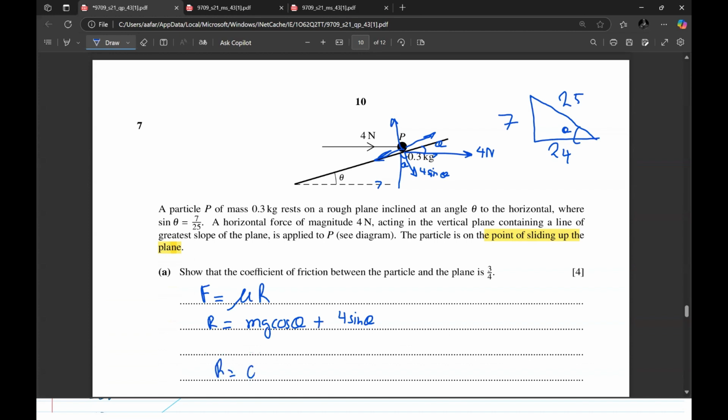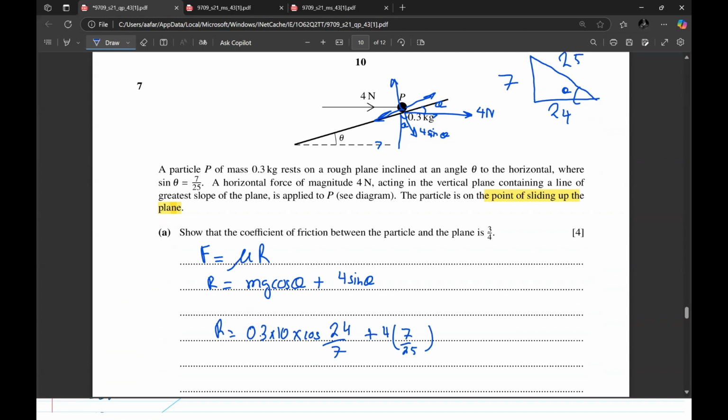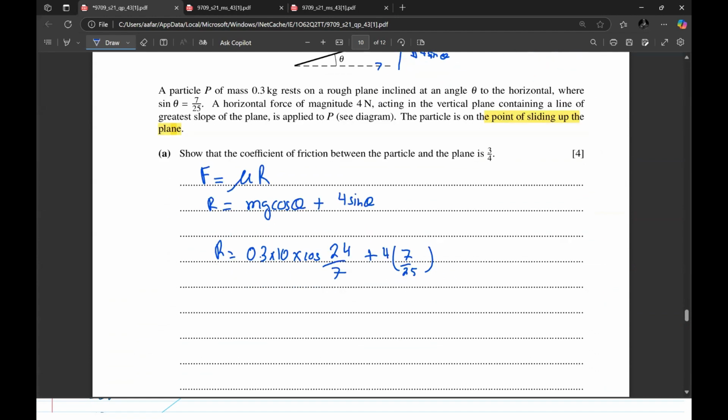So R is equal to m, which is 0.3, into g, into 24/25, plus 4 into sine theta, 7/25. So the R we get is 5.118.